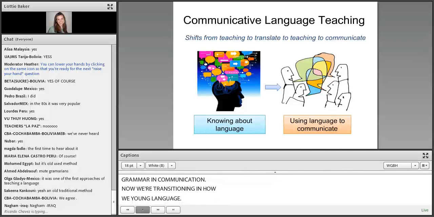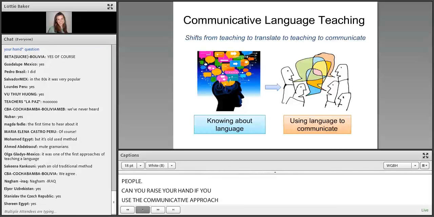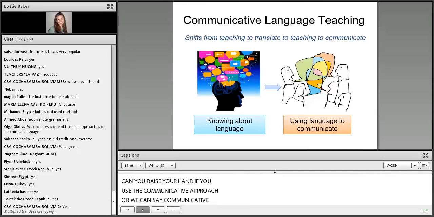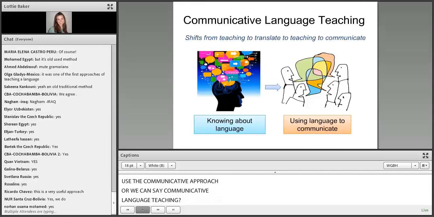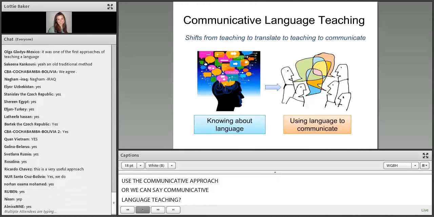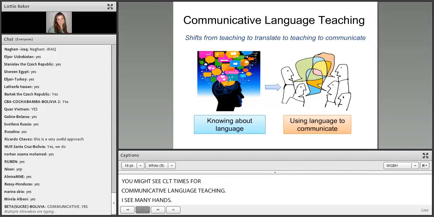Can you raise your hand if you use the communicative approach, or we can say communicative language teaching? You might see CLT sometimes for communicative language teaching. Oh, I see many hands. Oh, that makes me so happy. Yes, wonderful. Excellent.